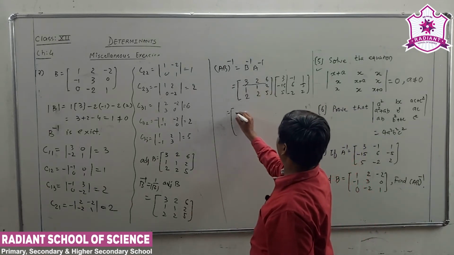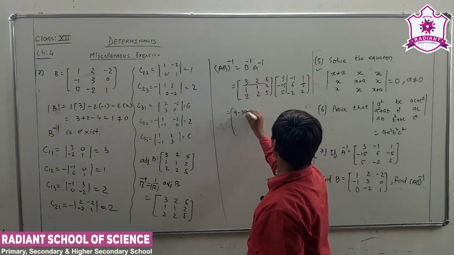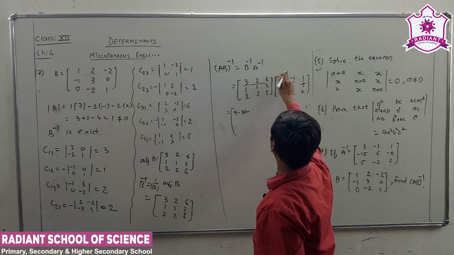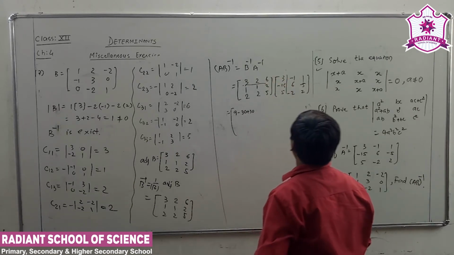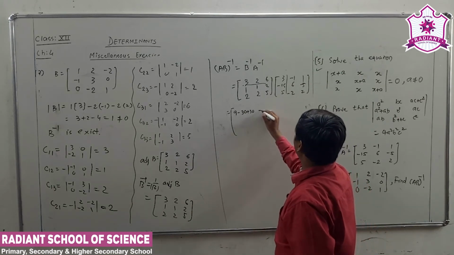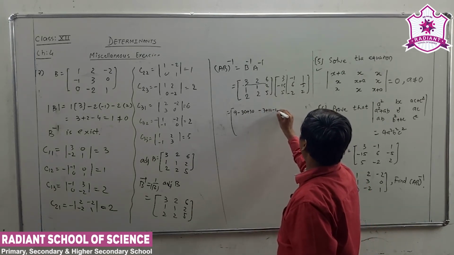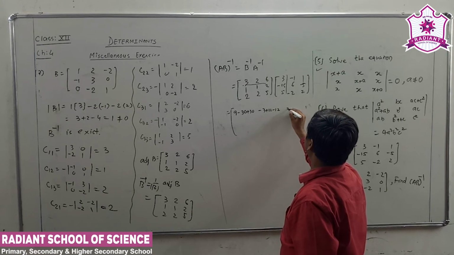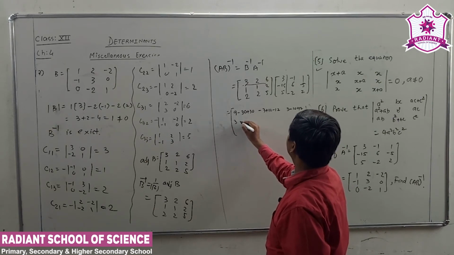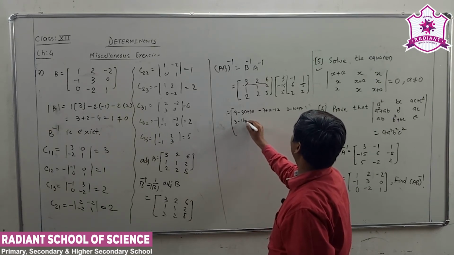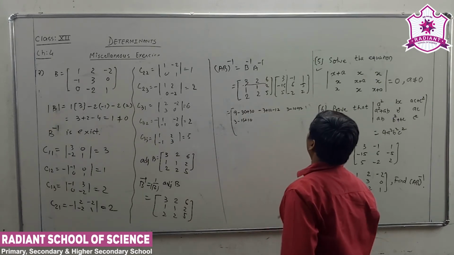3 3s are 9 minus 13 plus 13 here. Again, minus 3 plus 12 minus 12. Again, 3 1s are 3 minus 10 and plus 12. After 3 1s are 3, similarly minus 15 and plus 10.